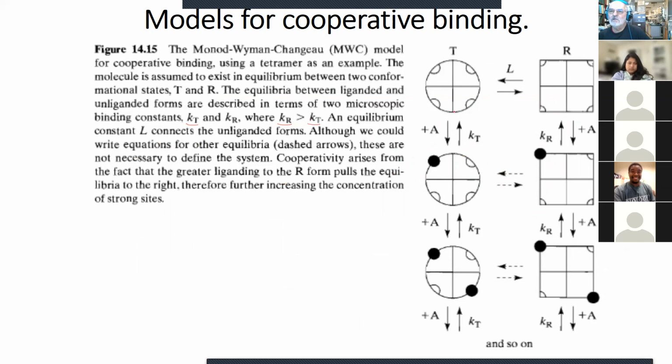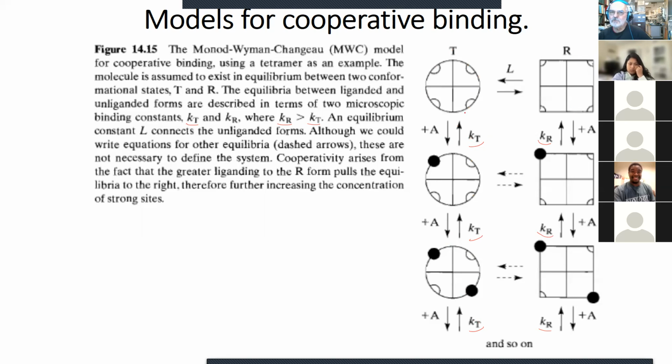And so in the low affinity form, ligand will bind with KT, and all forms in the T state will bind ligand with affinity KT. So notice, all sites express KT affinity in the T state, and all sites in the R state demonstrate KR affinity. Okay.